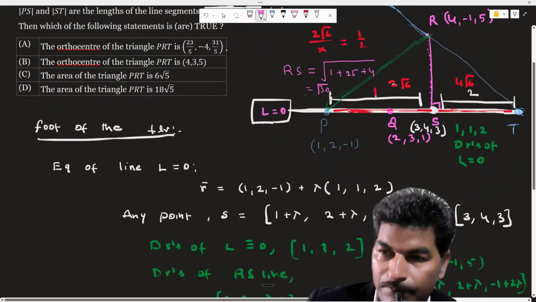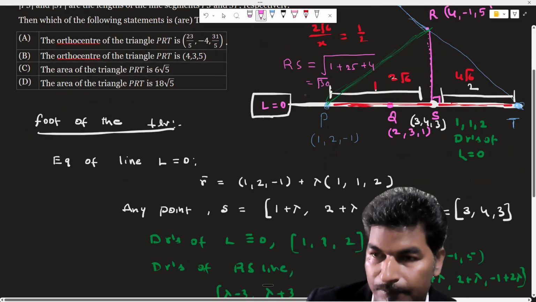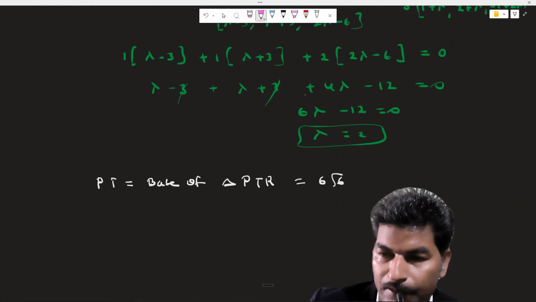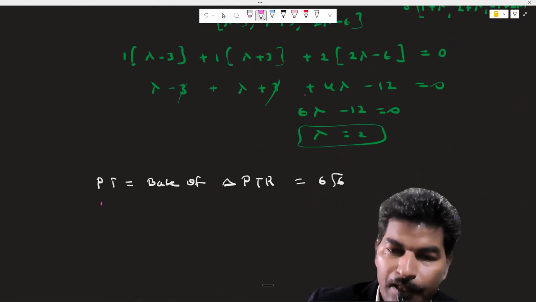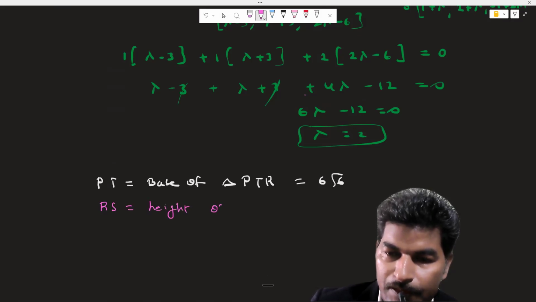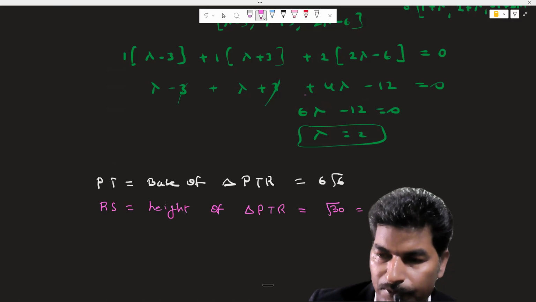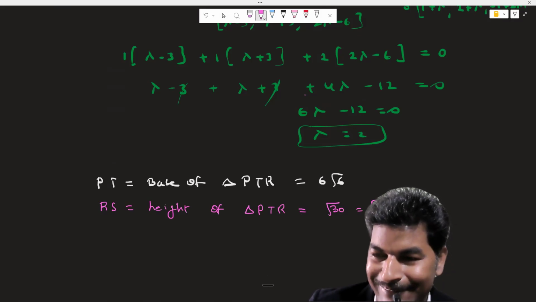So RS, which is the height of triangle PTR, is root 30. Of course, you can write root 6 into root 5.